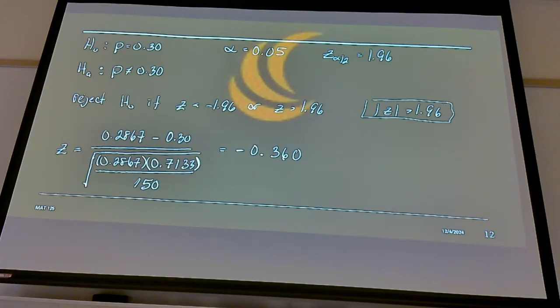I got negative 0.360, which does not lie in the rejection region.